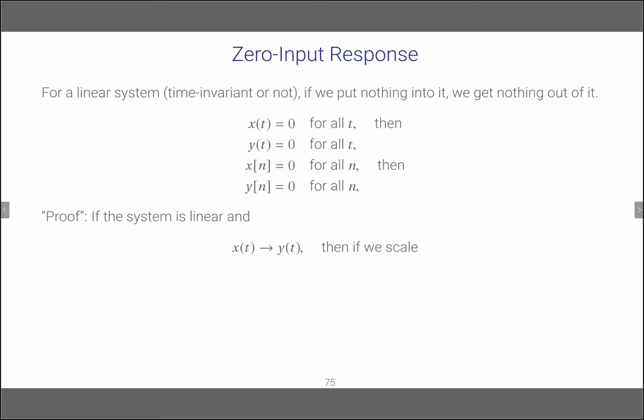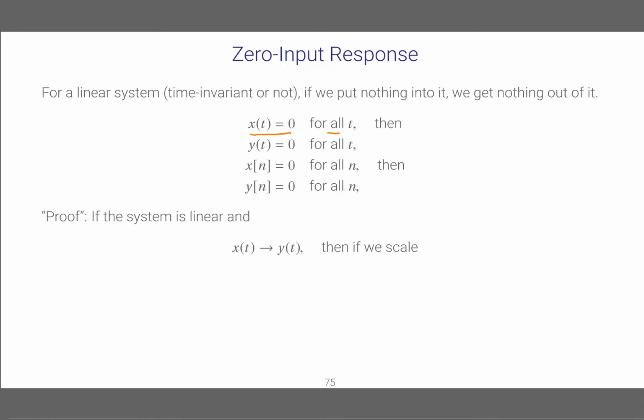Alright, let's look at the zero input response. This is now obvious to us. For a linear system, if we put nothing into it, we get nothing out of it. If x(t) is 0 for all t, then y(t) must be 0 for all t. Similarly, if x[n] is 0 for all n, then y[n] must be 0 for all n.